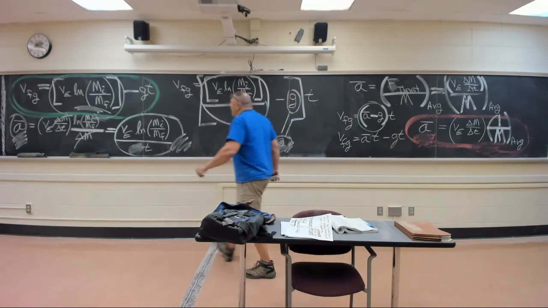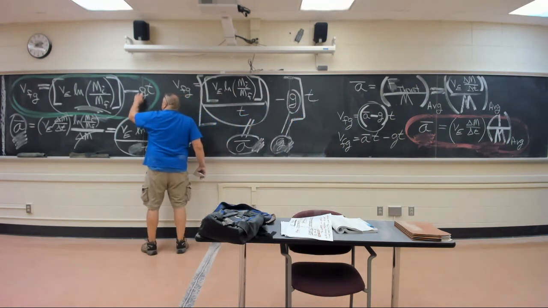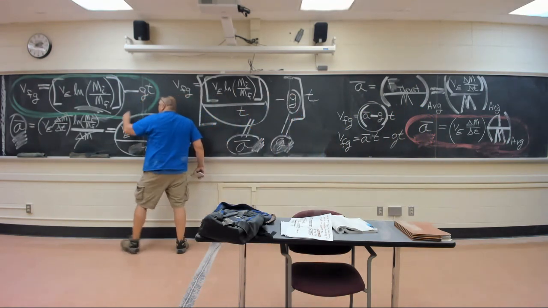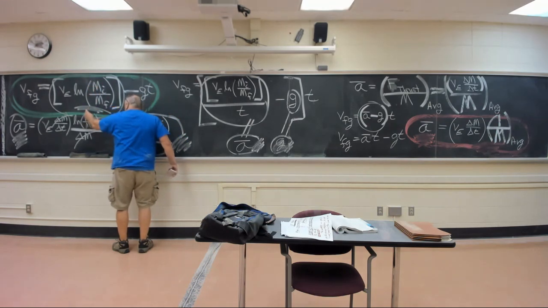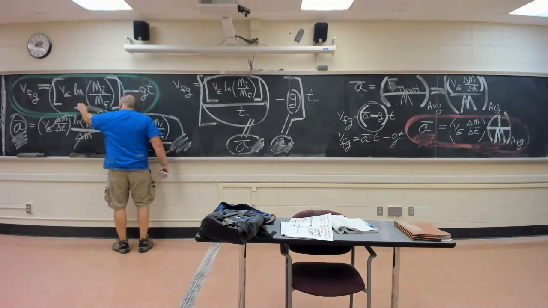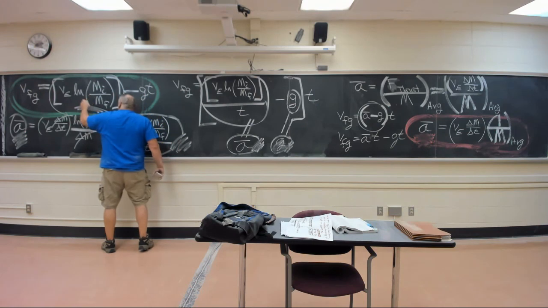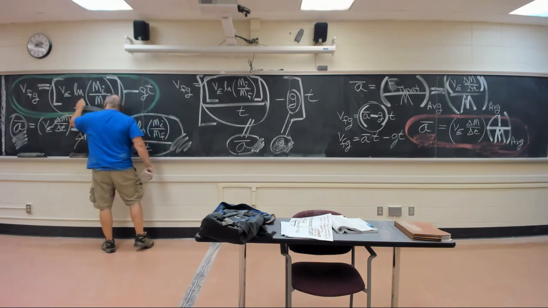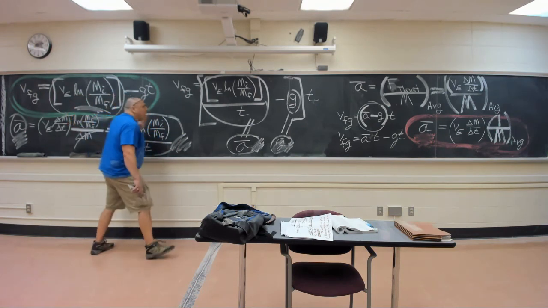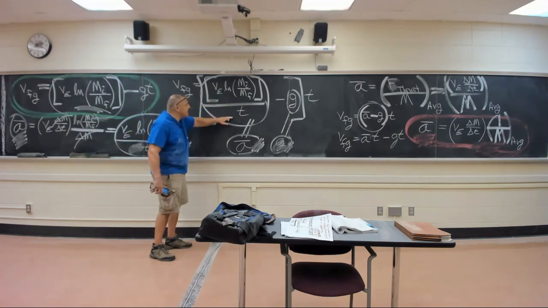This guy right here is the acceleration times time. This guy right here is also the acceleration times time. The time is hidden, but it's there. Where is it? This is the acceleration times time. Divide it by t, and you got the acceleration right here. Oh, yeah, that's this. Take this divided by t, and I got the acceleration right there.